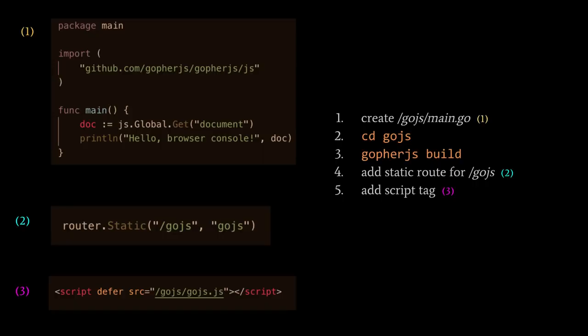So here in the main function, js.Global is the global namespace object, and from that we're getting the document variable in the global namespace and assigning it here to doc. And then in the next line we use println to print out to console. What you don't want to do is use fmt. If you use fmt.Print or Println, it doesn't actually print out to console.